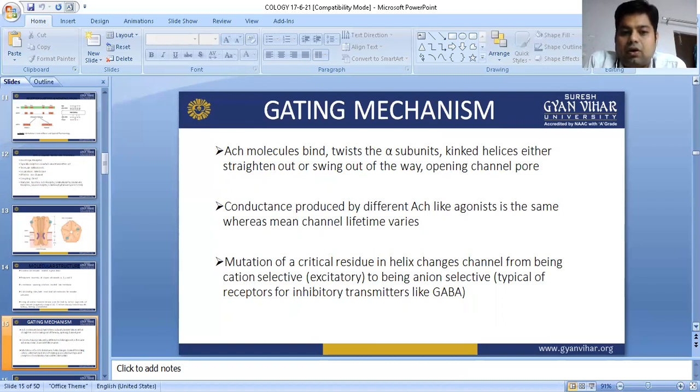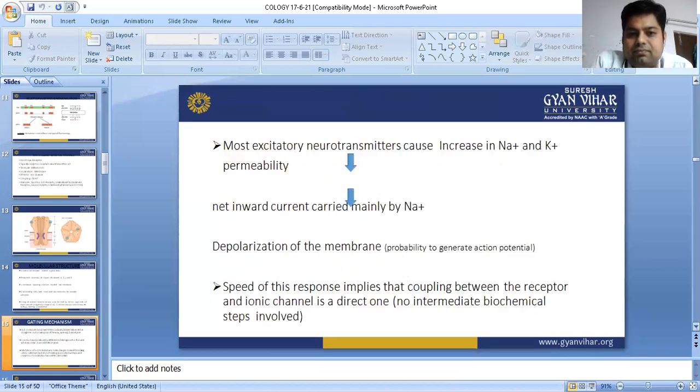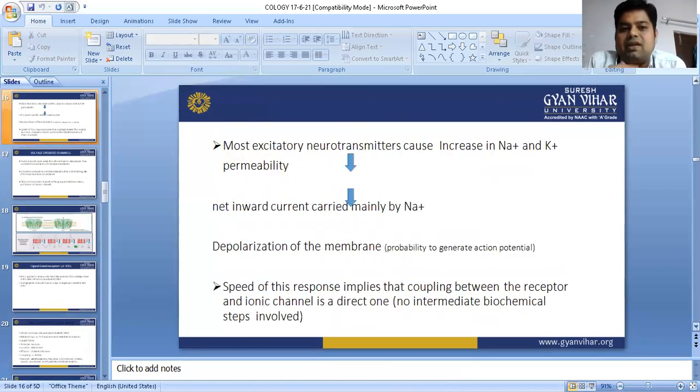The mutation of a residue in the helix changes the channel from being cation selective, meaning excitatory types, to being anion selective, atypical inhibitory types of receptors like GABA. Most excitatory neurotransmitters cause an increase in sodium and potassium permeability.